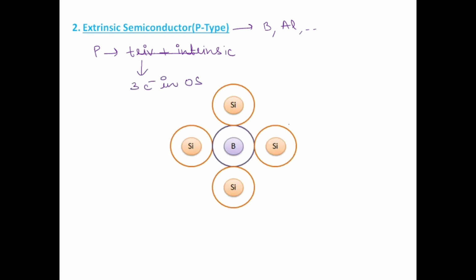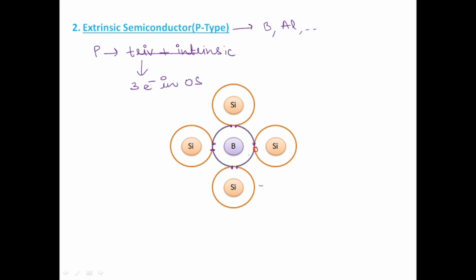Similarly, for P-type semiconductors, the impurities we generally use are boron and aluminium. P-type is formed when trivalent impurities are added to an intrinsic semiconductor. These are trivalent, which means 3 electrons in the outermost shell. So what happens now? Boron has 3 electrons in the outermost shell, so 3 electrons get bonded, but for one bond the electron would have to come from silicon, so one hole will be created here.